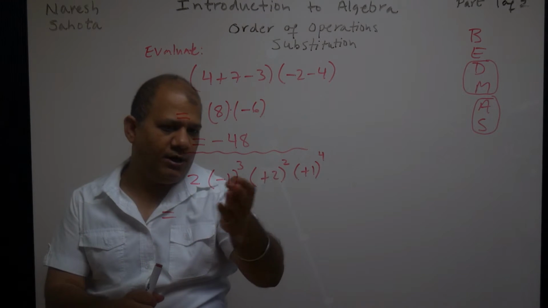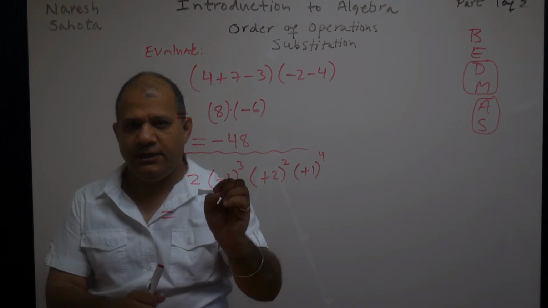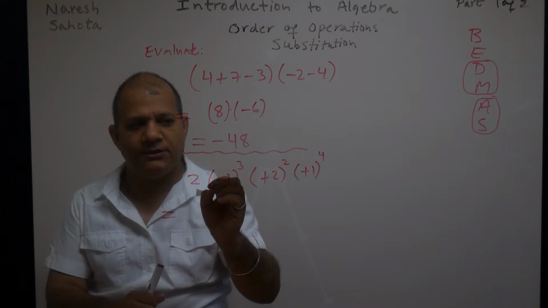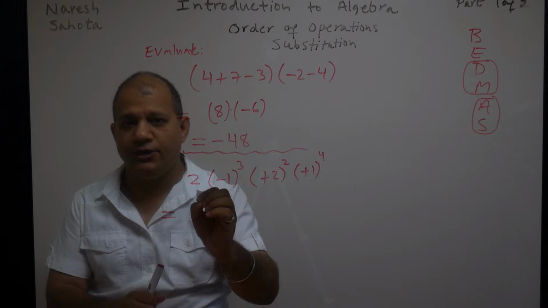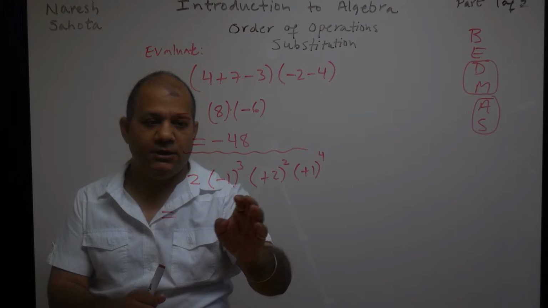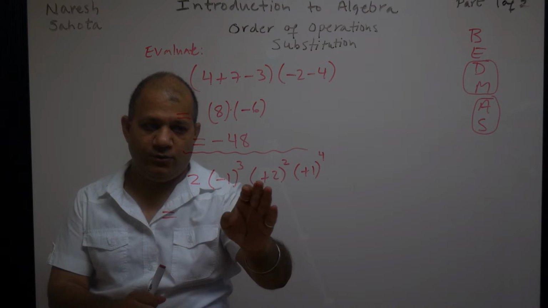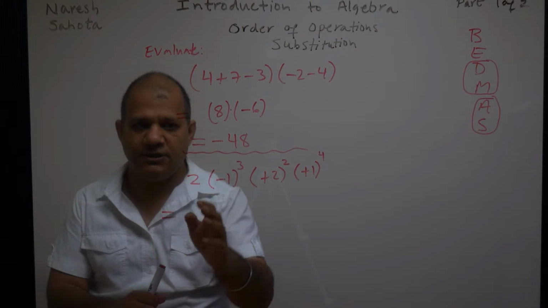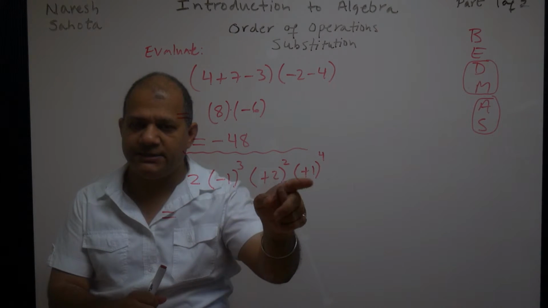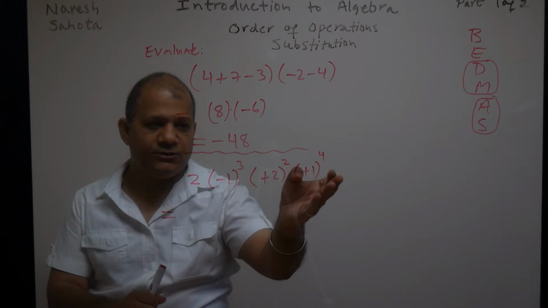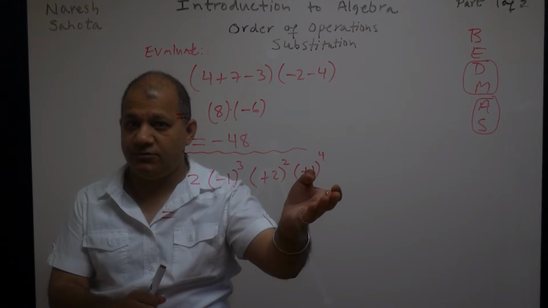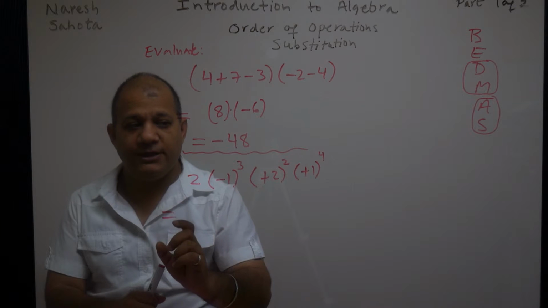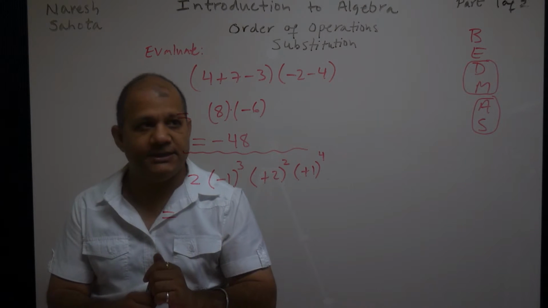So I see positives and negatives in this question, but they're there so that we make sure that you understand what is going on. So this minus sign or the plus sign, they don't mean addition or subtraction, right? Because they're inside the brackets. And so overall, it's a multiplication, right?